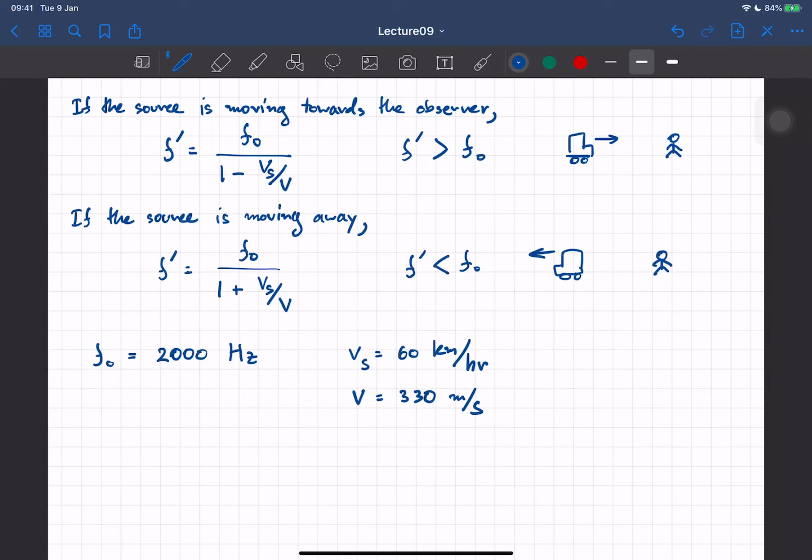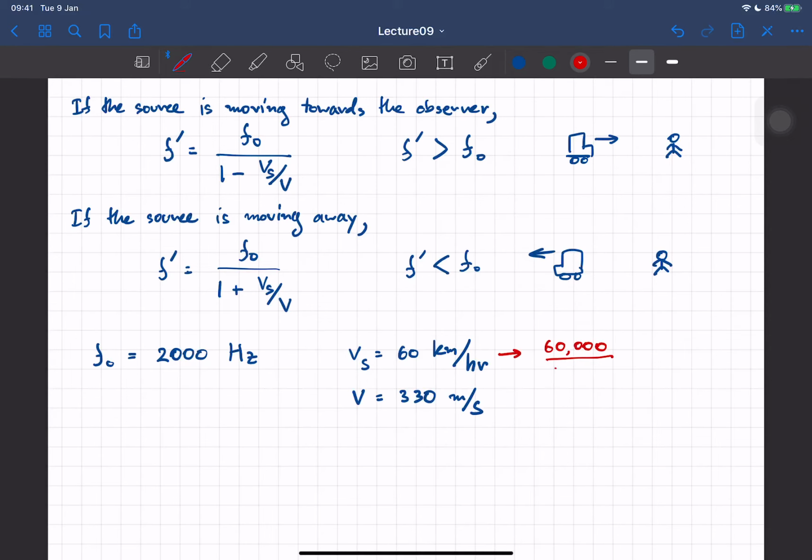Okay. So in order to use this formula, you have to make sure that V and Vs are in the same unit, right? So the first thing you probably need to do is to change this to meters per second. And I hope that all of you know how to do this, right? So it's going to be 60,000 meters divided by hour, right?